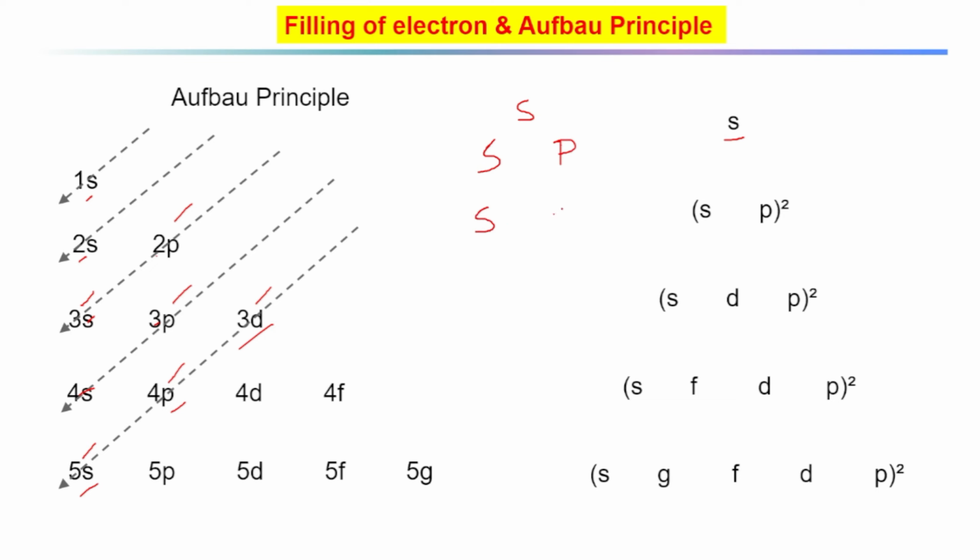So s, then sp square, now sdp square. So next line there will be s, d, p, and again another sdp because it was square.